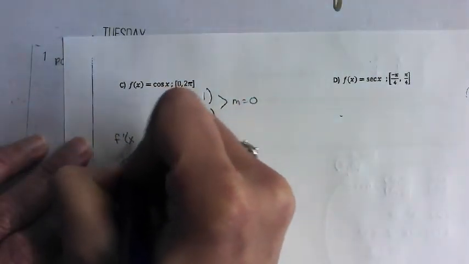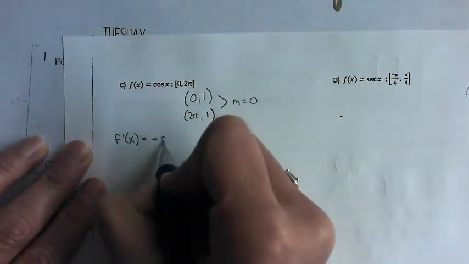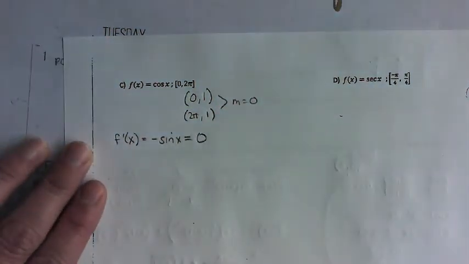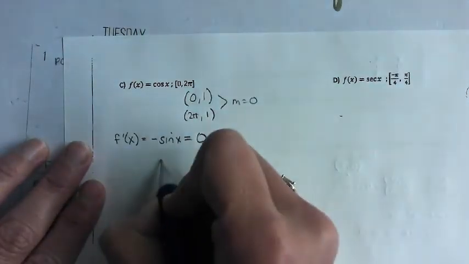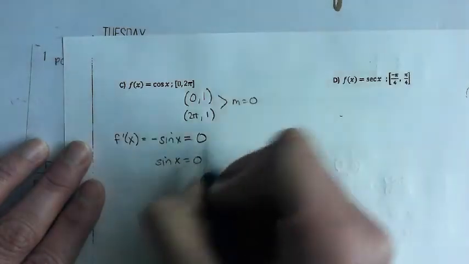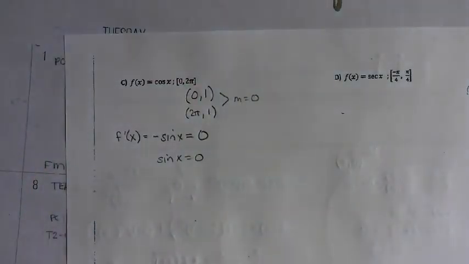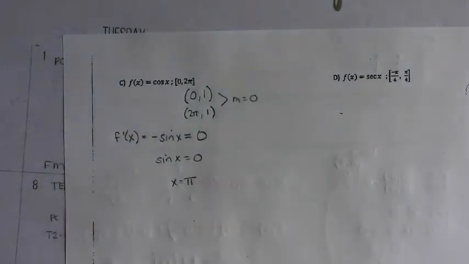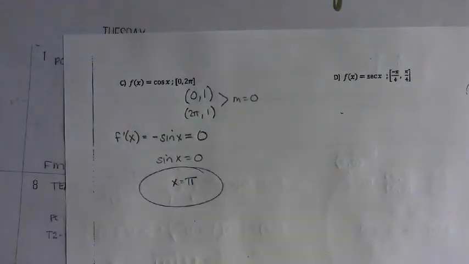Take your derivative, negative sine of x, set it equal to 0, and solve. So when does sine x equal 0 along the interval from 0 to 2 pi? Just pi. It also equals 0 at 0 and at 2 pi, but we're not including endpoints in our solution, so just at pi.